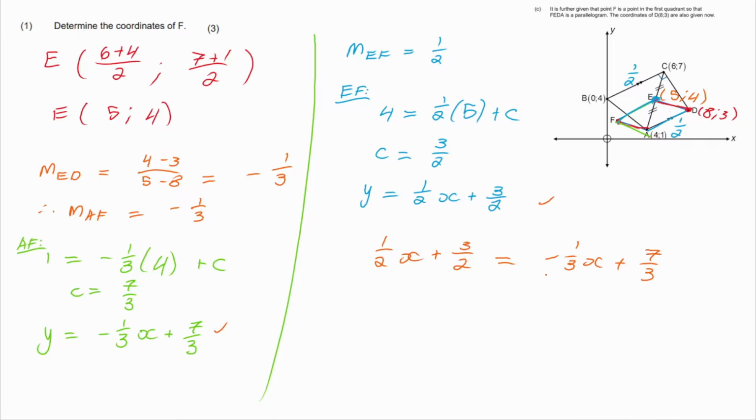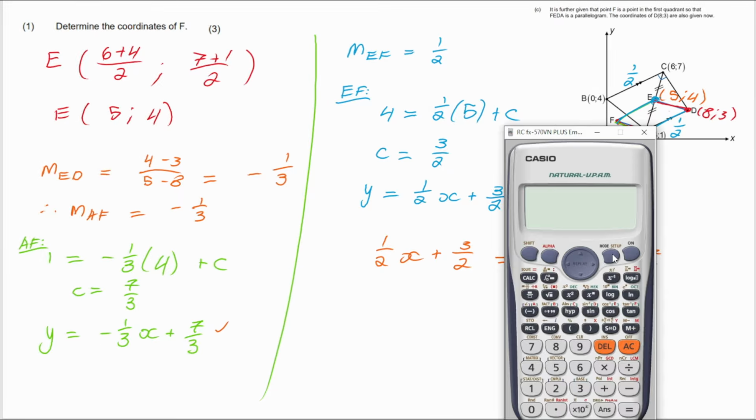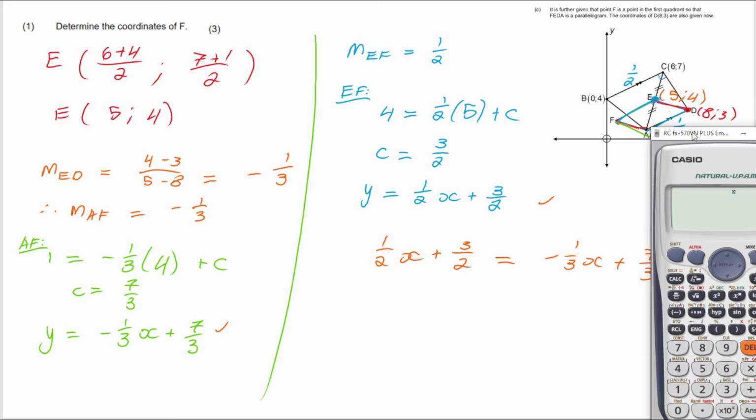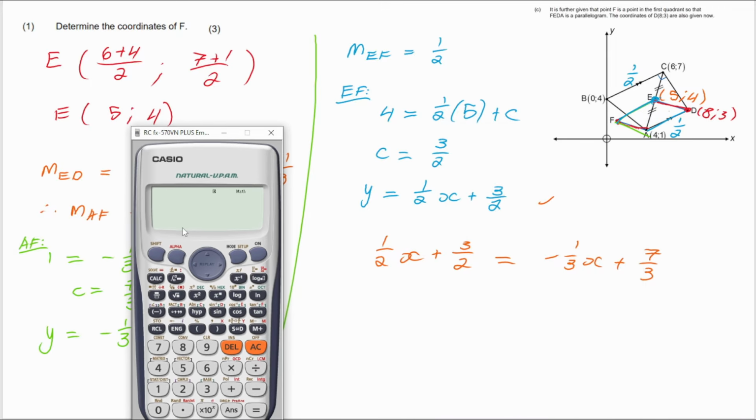Okay, so what I can do is take this to this side. I'll show you how I would do it in the calculator. So we need to get out of stat mode here. So what I would do, let me move this over here. So what I'm going to say is 1 over 2 plus 1 over 3.